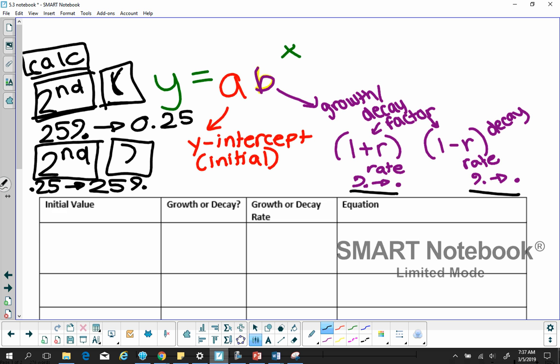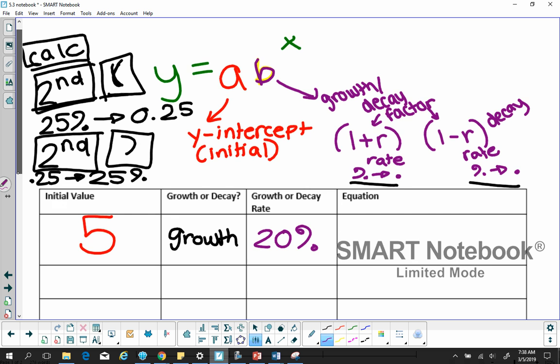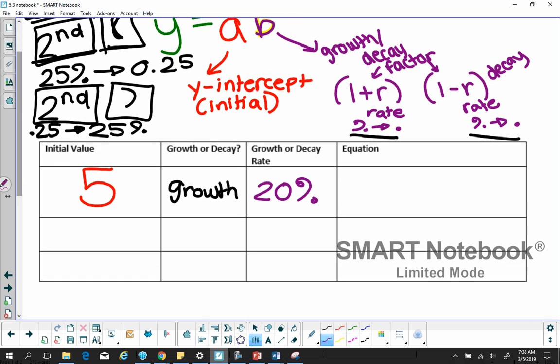So I'm going to give you a few examples, and we're going to write the equation. The first thing I'm going to give you is the initial value. So this first example has an initial value of 5. It's a growth example, and it's growing by 20%. So you're writing that in. What we're going to be doing is write the equation.